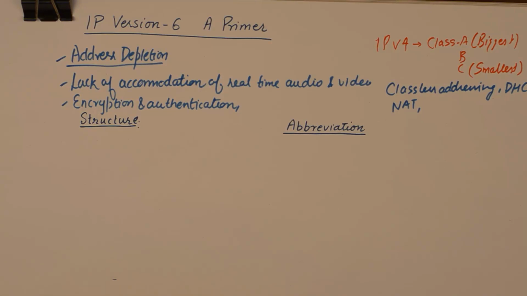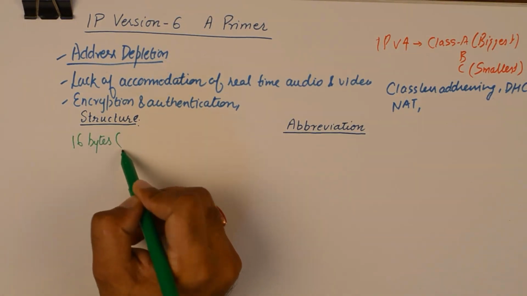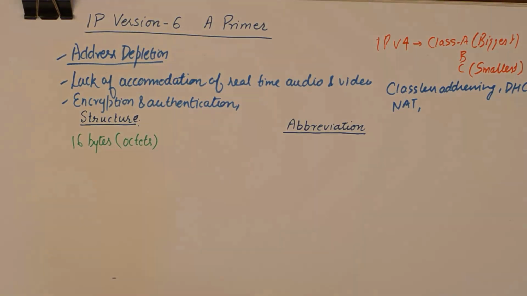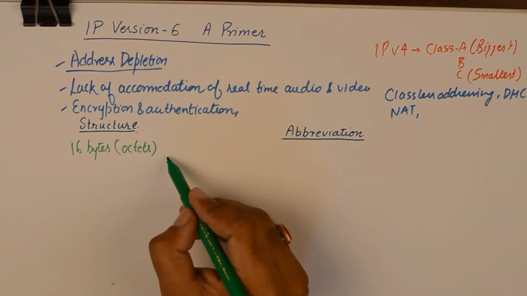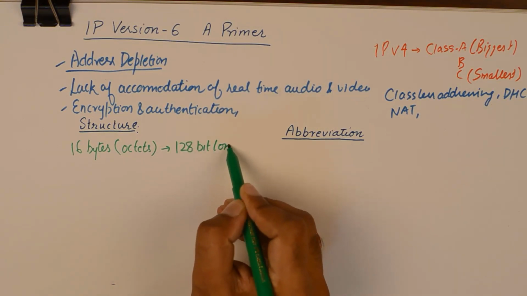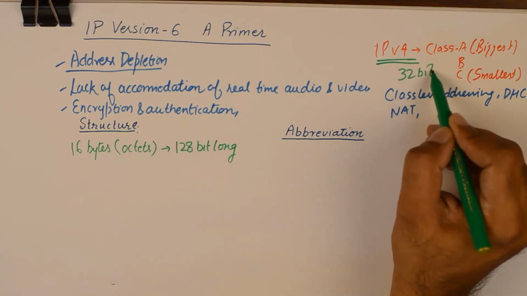It consists of 16 bytes, or you may call it octets. So in other words, it is 128 bit long, as opposed to IP version 4, which was 32-bit long.